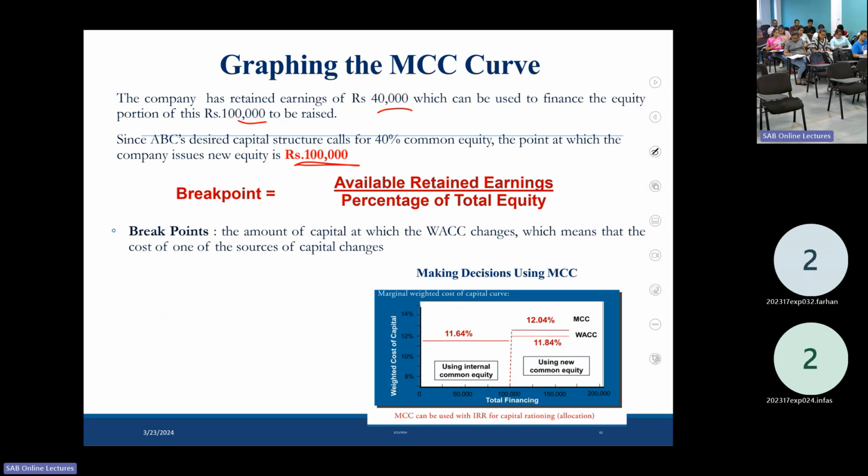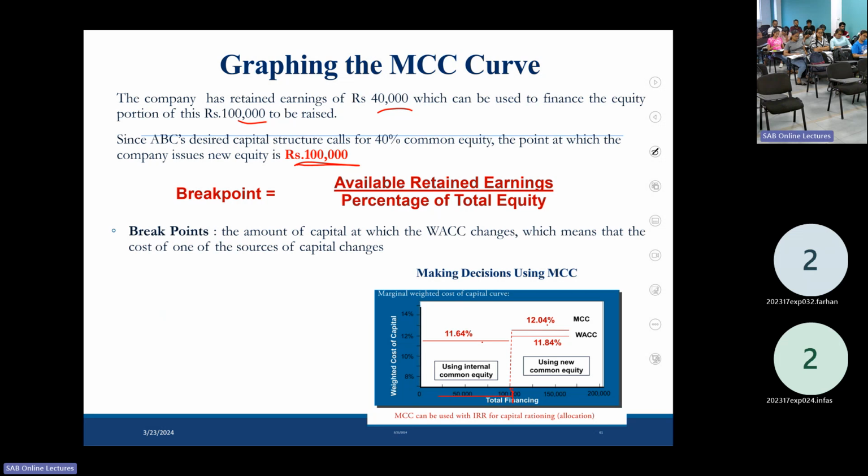So when the total capital requirement exceeds 100,000, you have to issue new shares. That is where the first break point arises. Up to here the 11.64 holds. When your total capital requirement exceeds 100,000, the weighted average cost of capital changes, so you can work out the marginal cost of capital.